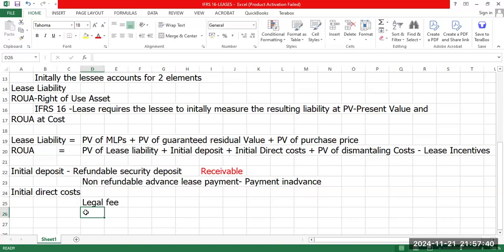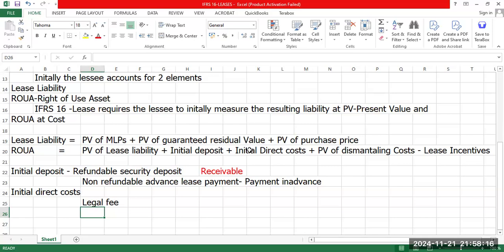What else? Anyway, any cost directly attributable to negotiating or arranging the lease, that will be a direct cost.